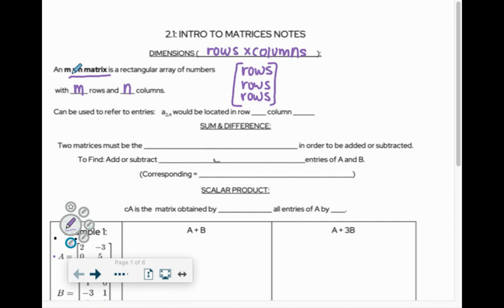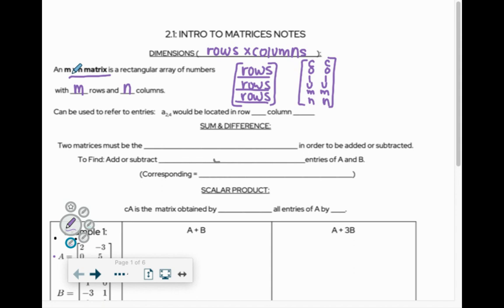Then columns go up and down, like this. The thing is, you always count them in the opposite direction. For instance, I just drew 1, 2, 3 rows.